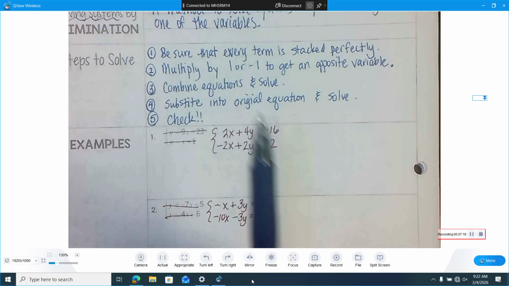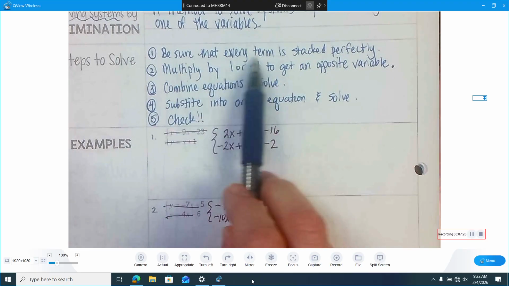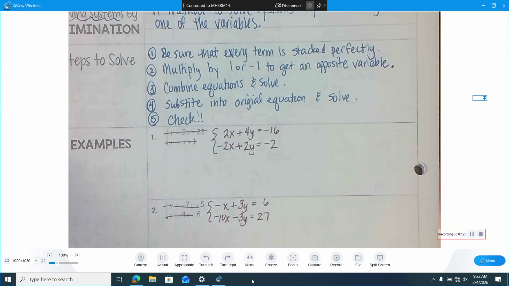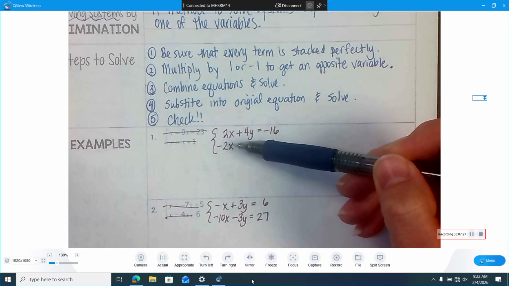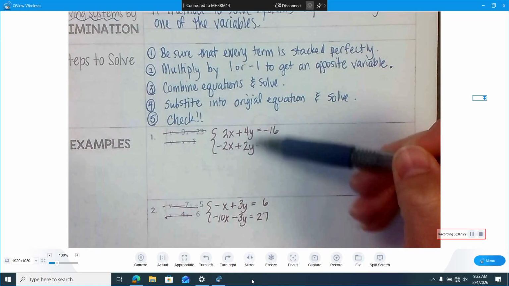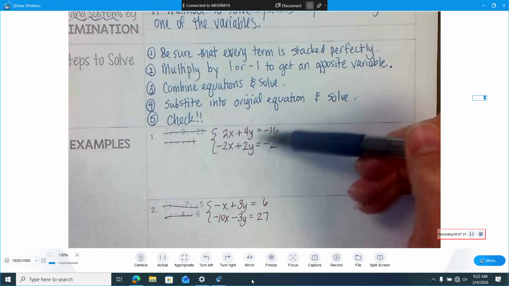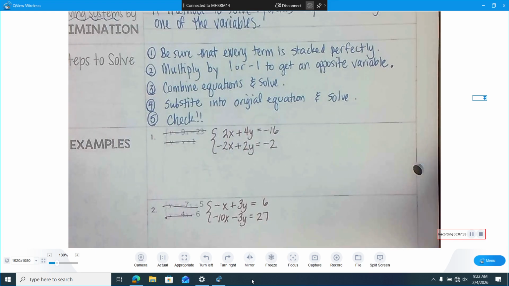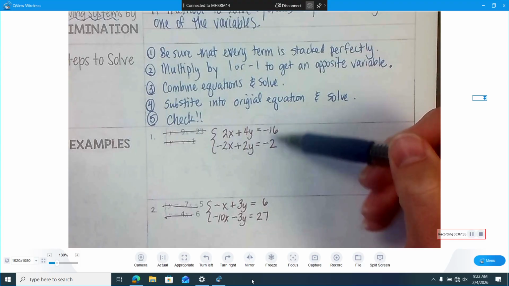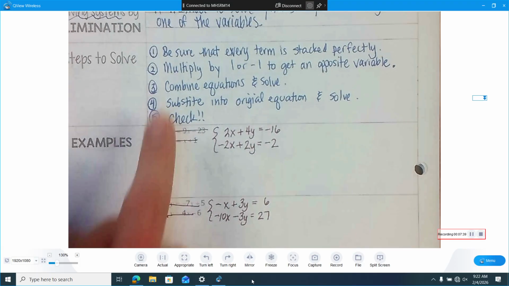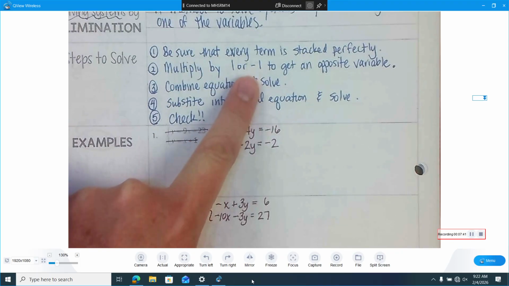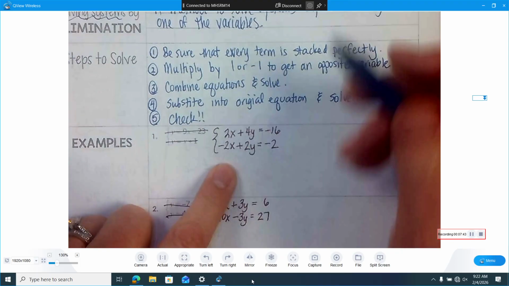All right, so it says, step number 1, be sure that every term is stacked perfectly. Are our x's stacked up nicely? Are the y's stacked up nicely? Yeah? Are the equal signs perfectly stacked? Yeah, and then we got our constants over here. Are they perfectly stacked? Okay. So then we want to multiply by 1 or negative 1 to get an opposite variable.